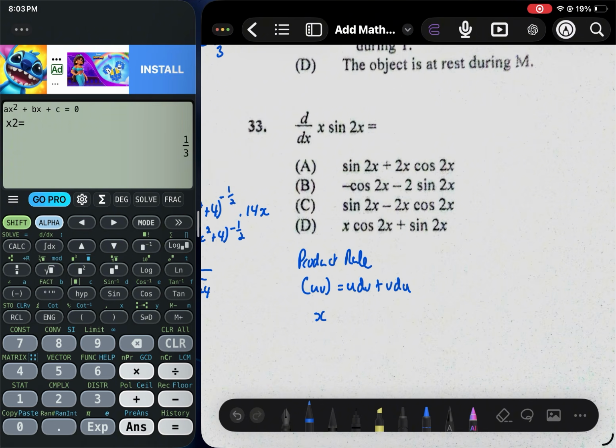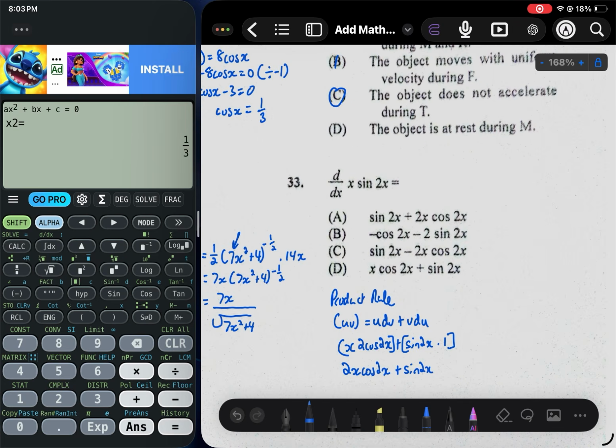So the derivative of sine 2x would be 2 cosine 2x, multiplied by u, plus v, which is the sine 2x, multiplied by the derivative of u, which would just give you back 1. So our answer would be 2x cosine 2x plus sine 2x, which is A.